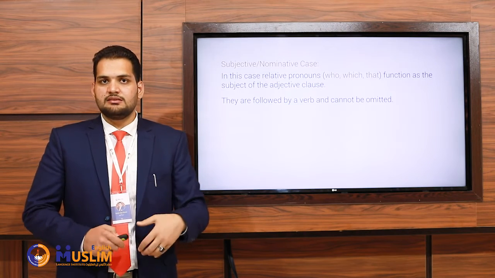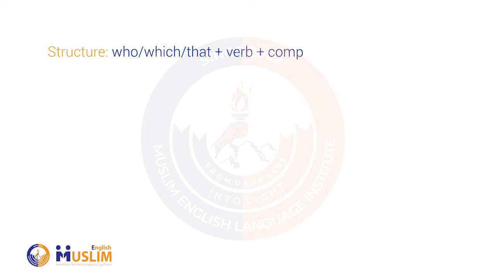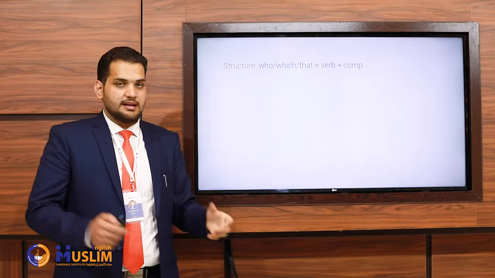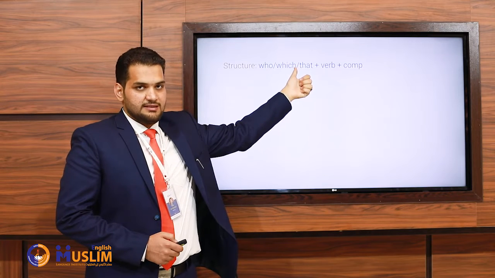By omit, I mean to delete. The structure for the subjective case of relative pronouns is who or which or that plus verb plus complement. As I said earlier, you have to use a verb directly after them in subjective case.